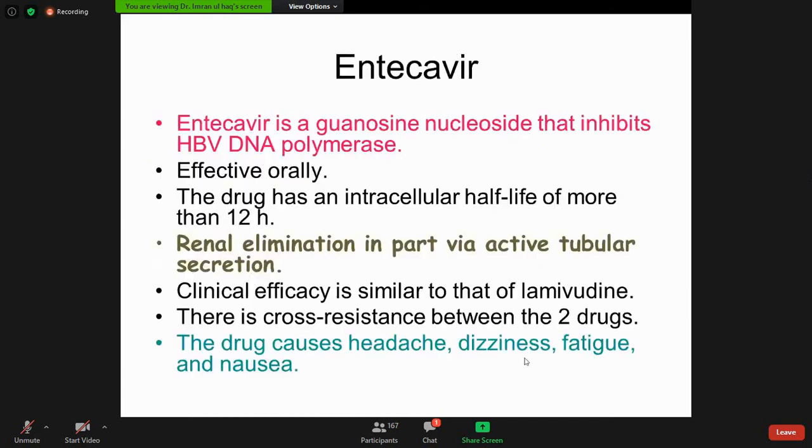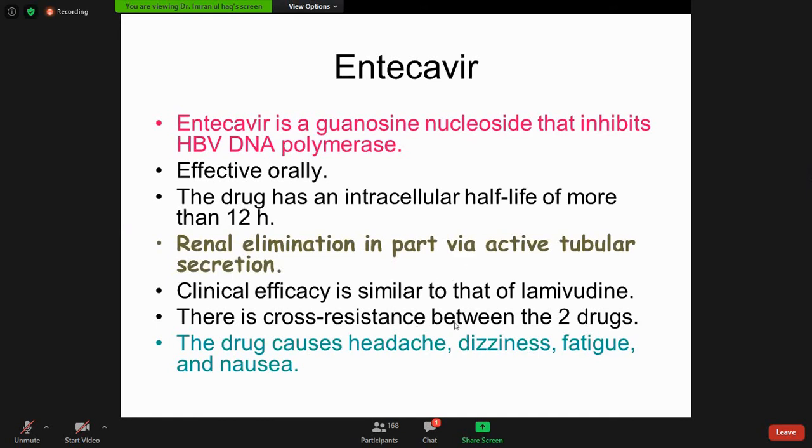Generally, most of the drugs follow glomerular filtration, but some drugs follow tubular secretion, and some drugs follow both routes. So renal elimination in part via active tubular secretion means this drug is not only filtered through glomerular filtration, but also secreted out through active tubular secretion.